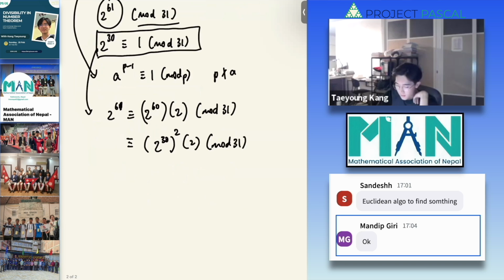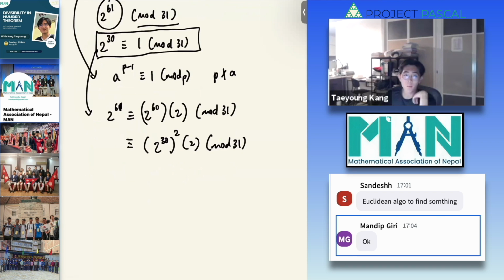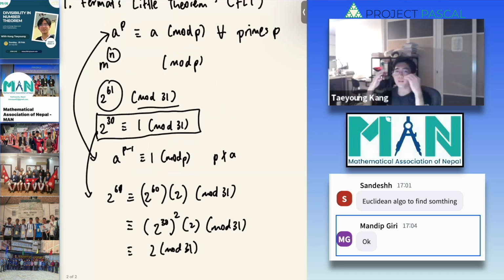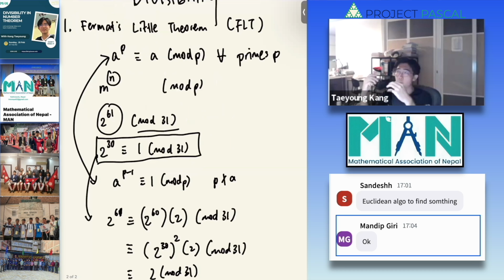And since 2 to the power of 30 is congruent to 1 mod 31, this is just congruent to 2 mod 31. So this is a very basic example of how Fermat's little theorem is used. You can think of it as a way to reduce the power of the number mod a prime.